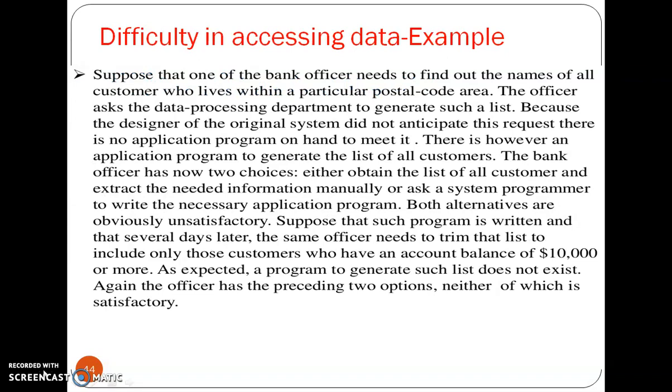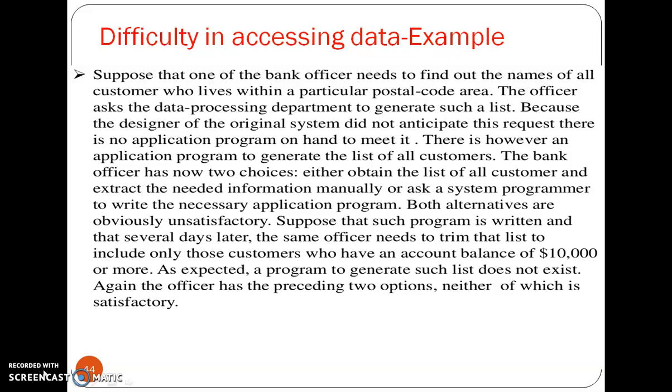Let's see one example. Suppose that one of the bank officers needs to find out the names of all customers who live within a particular postal code area. The officer asks the data processing department to generate such a list because the design of the original system did not anticipate this request. There is no application program on hand to meet this requirement.